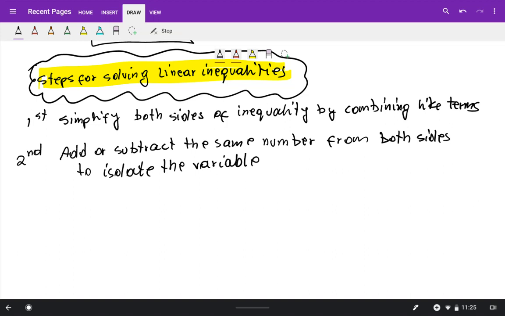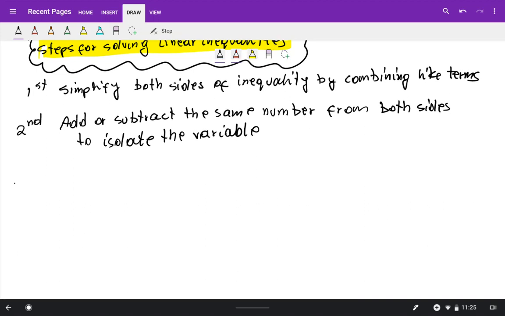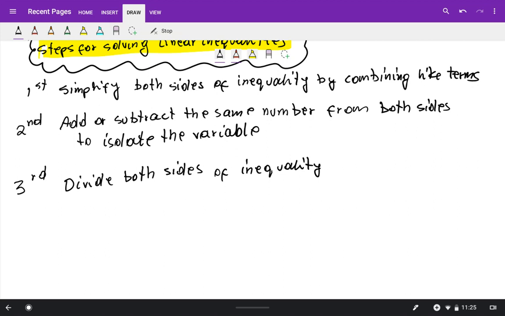Of course, if you have variables on two different sides of the inequality, you want to bring them to the left side. Third will be divide both sides of the inequality by the coefficient of the variable.